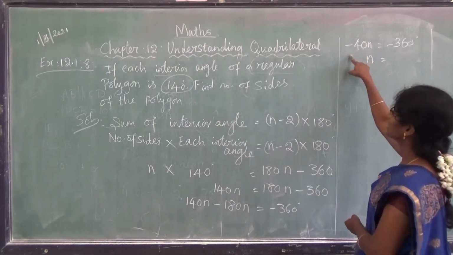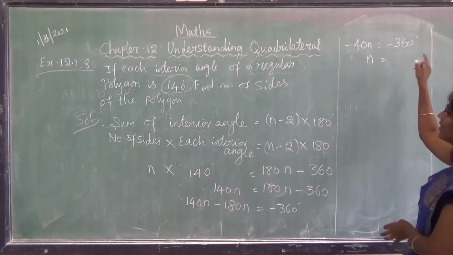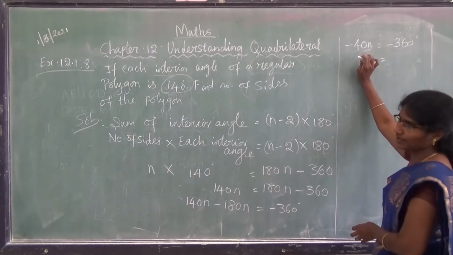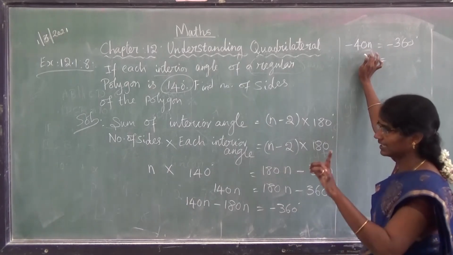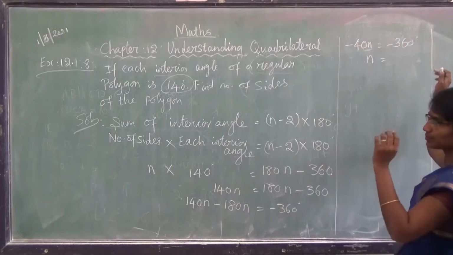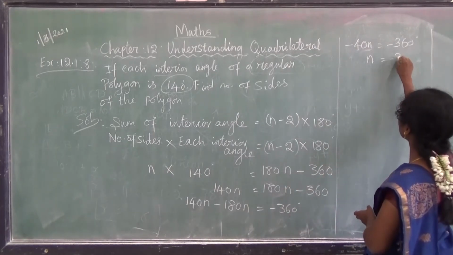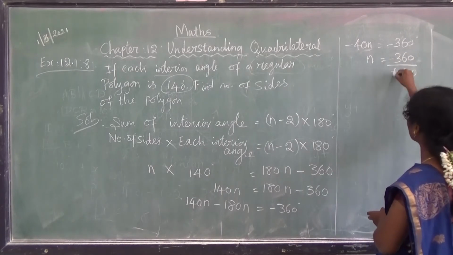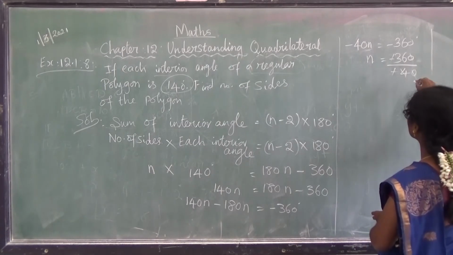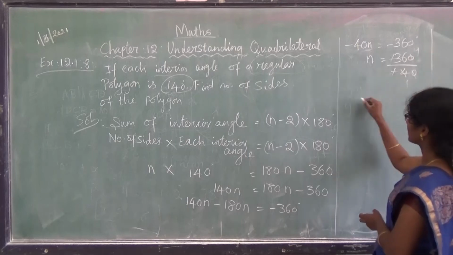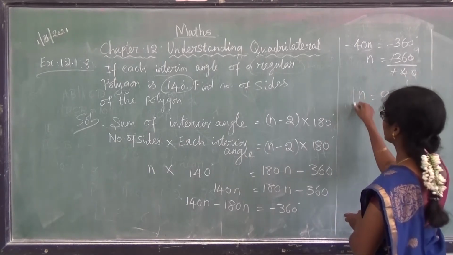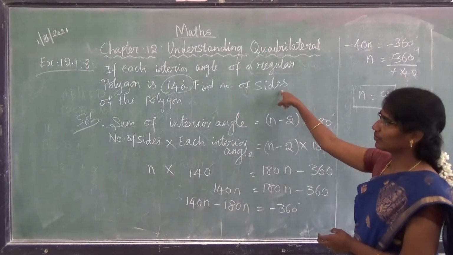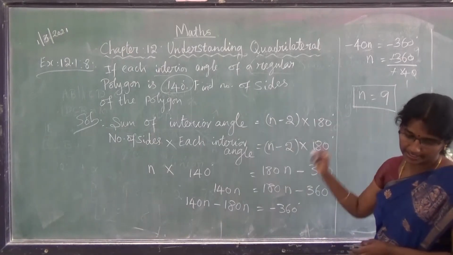So bring this minus 40 to the next side as divide, because the operation between minus 40 and n is multiply. Don't bring it to the next side as plus 40. So it is minus 360 divided by minus 40. 0 will get cancelled. 4 9s are 36. So the number of sides of the given polygon is 9, a 9-sided polygon.